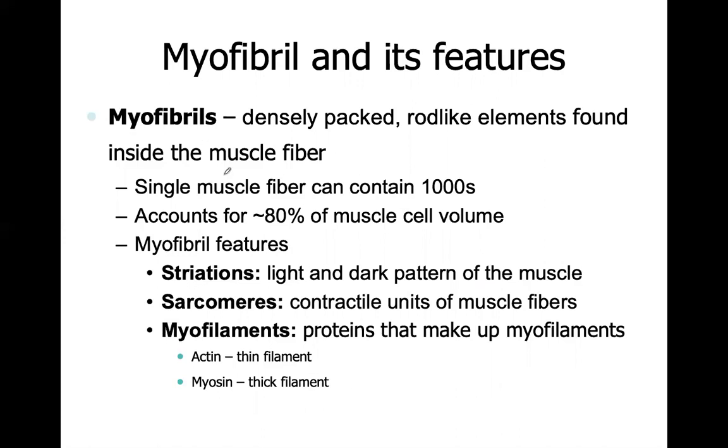The myofibrils are broken down into individual vertical units called sarcomeres, which are my contractile units. The sarcomeres contain two main proteins called actin and myosin, myosin being my thick filament and actin being my thin filament.